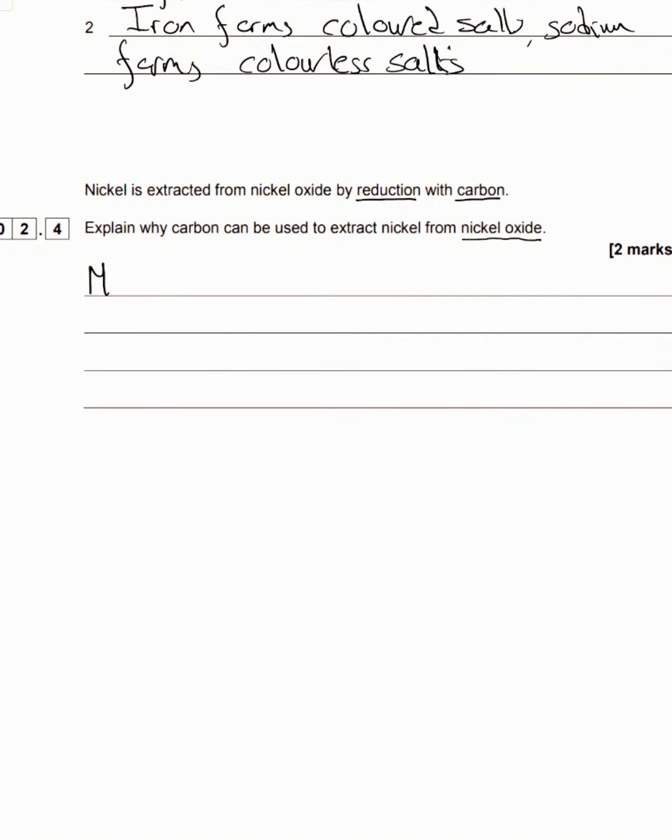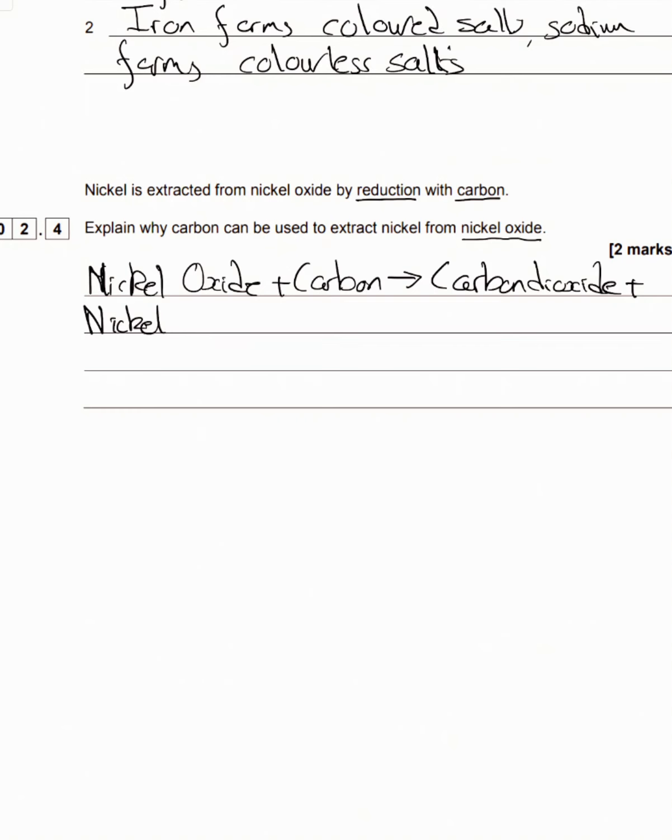So we get nickel oxide plus carbon goes to carbon dioxide plus nickel. Exactly the same as you would with copper or with iron.